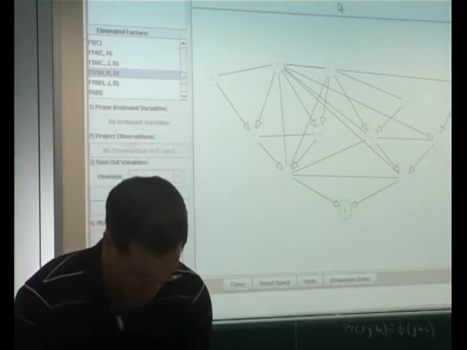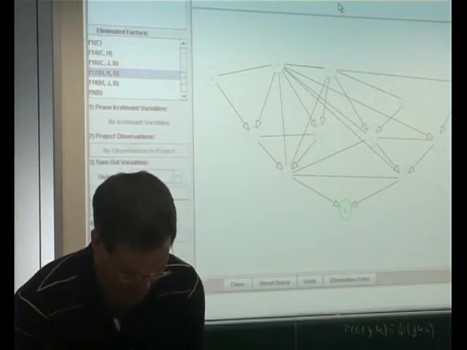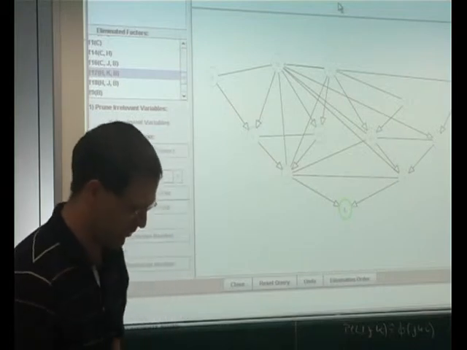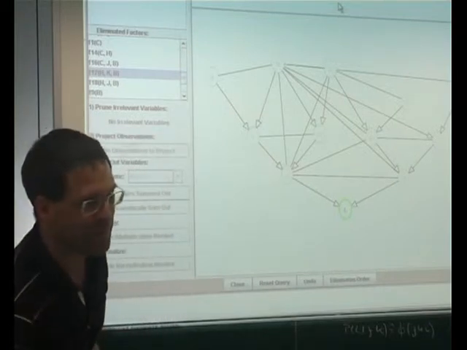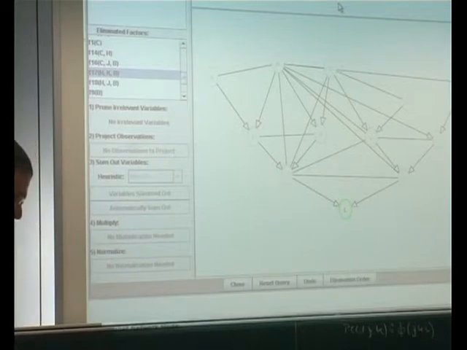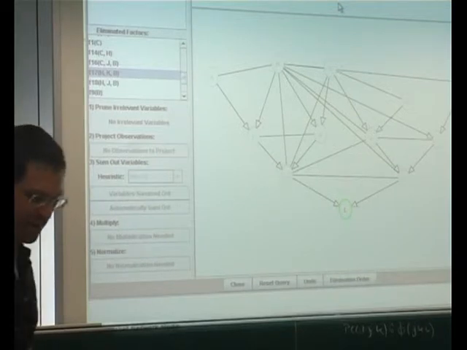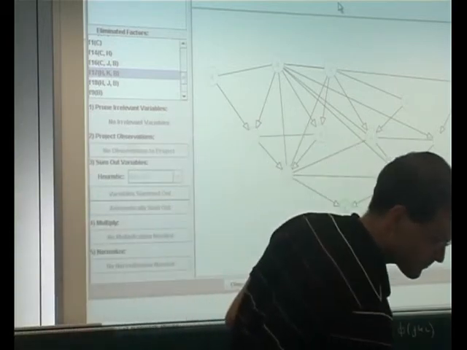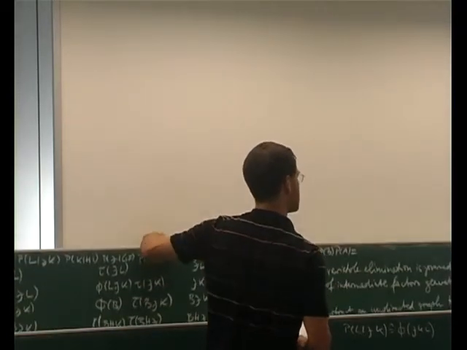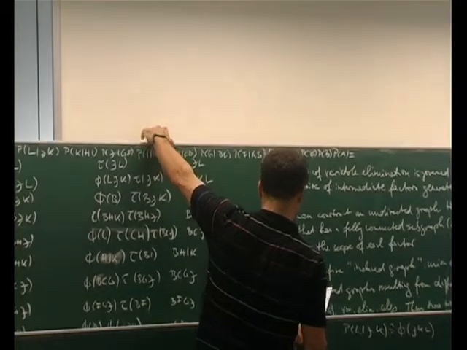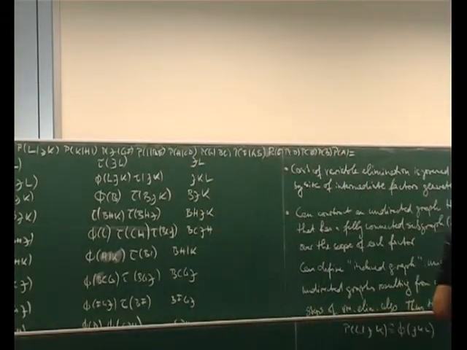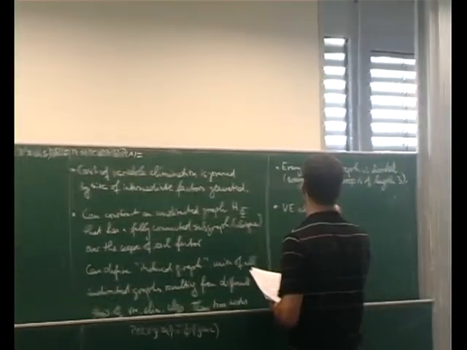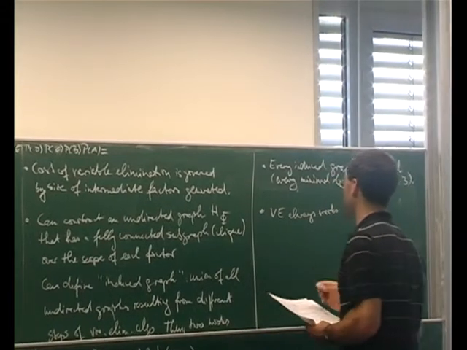Now, unfortunately, finding the optimum sequence is NP hard. However, no need to become depressed. As often with NP hard problems, there are good heuristics, and that's also the case here. So variable elimination for the kind of graphs we're looking at here always works.